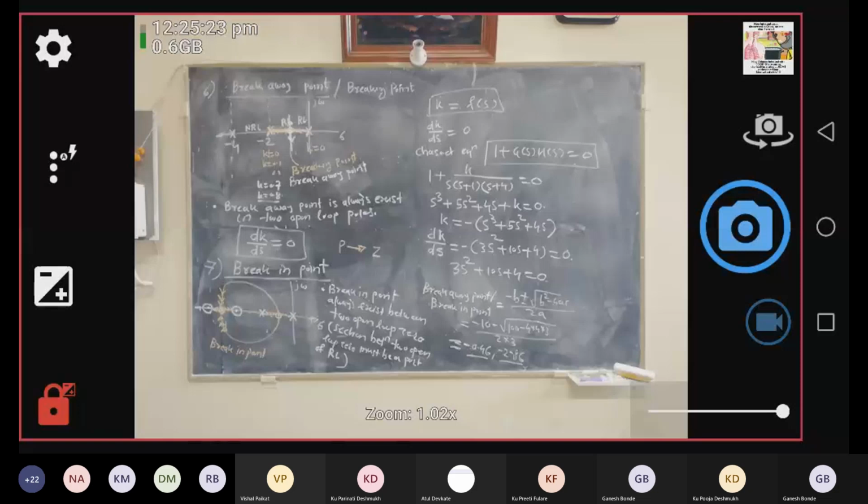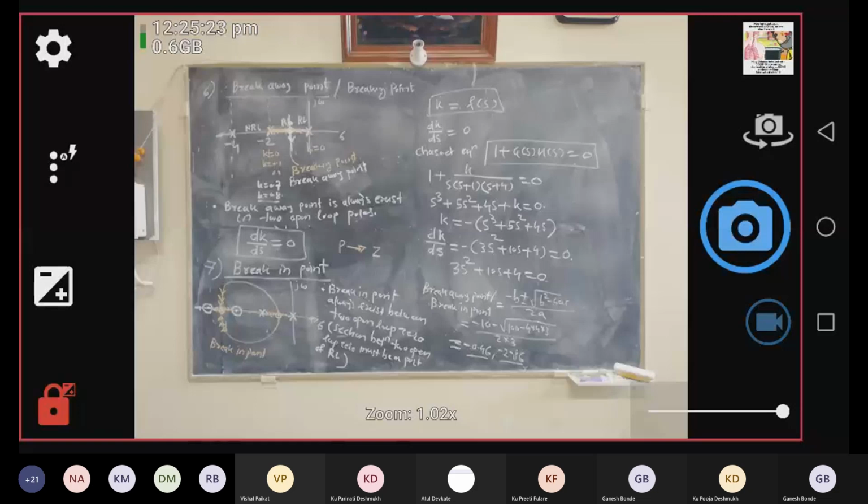Then second, angle of arrival at a complex zero. It will be denoted by phi a.